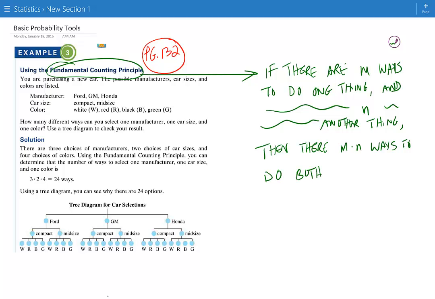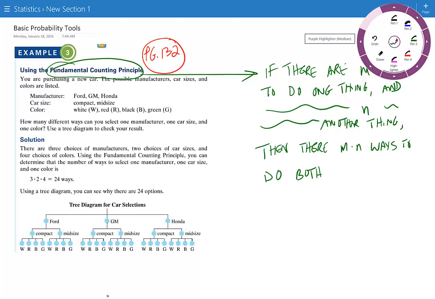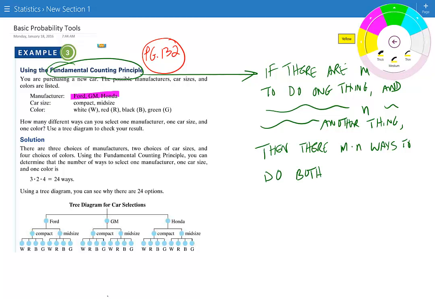Okay, so let's take a look at this example here. You have three car types, manufacturers that you could possibly pick. You have two sizes that you could pick from for either one of those, and then 1, 2, 3, 4 colors that you could pick.